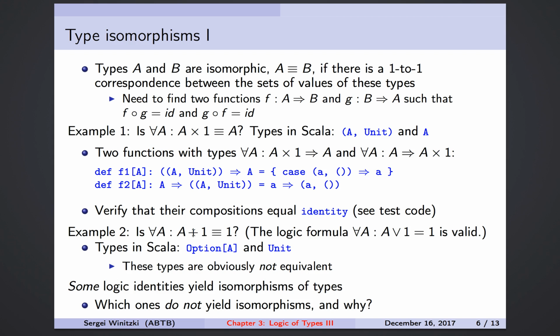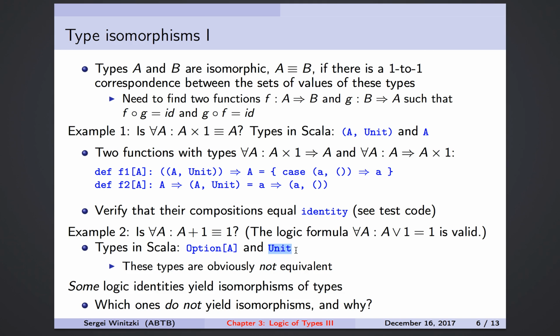So these two types in Scala are the option type, which is disjunction of a and unit, and unit type. Obviously, these types are not equivalent. The information in an option type may be a value of type A, but the unit type cannot possibly represent any values of type A or anything non-trivial.